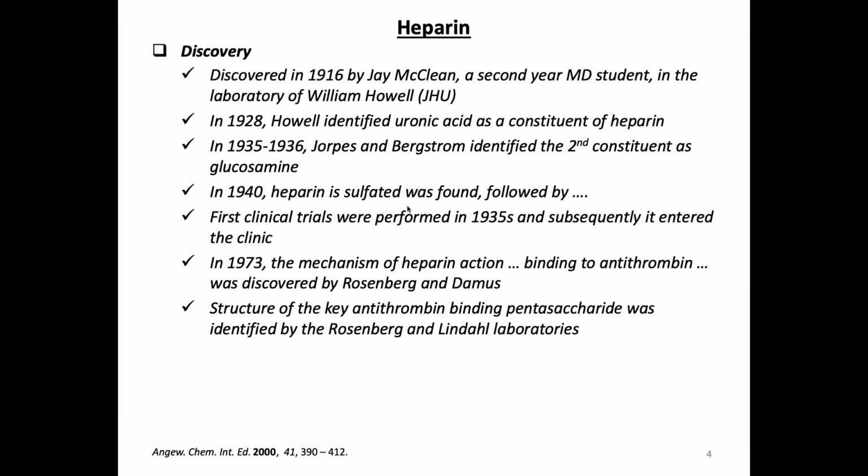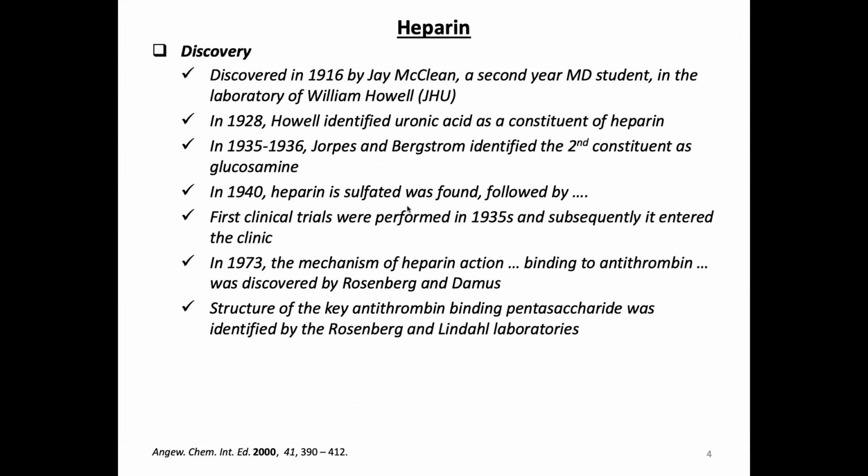Even at this point, the structure of heparin was not known. The structure had been identified to be these three components, and then they had identified variations of these structures and things of that sort, but the full structure was not identified.